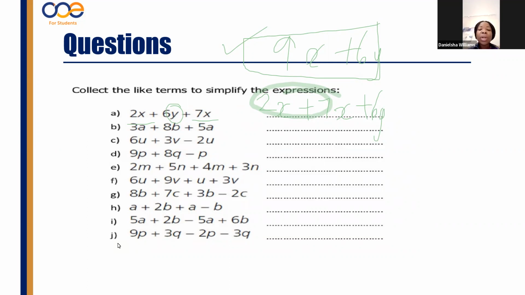So Nathan and Courtney, what Stevanko was saying is that we could change this to 3 bracket 3x plus 2y. Now that's another way we can write this expression using the distributive property.